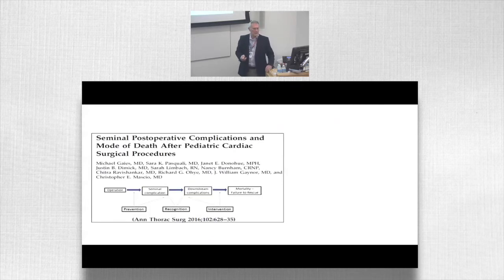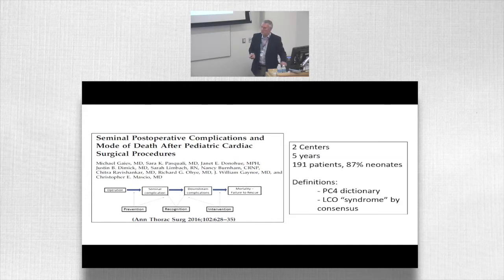And there is additional data coming out, the more contemporary data, I should say, from 2016. This is a group from 2 centers, Ann Arbor and CHOP, and they really wanted to look at complications and mortality, failure to rescue, and how they responded to complications, either prevention, recognition, or intervention.